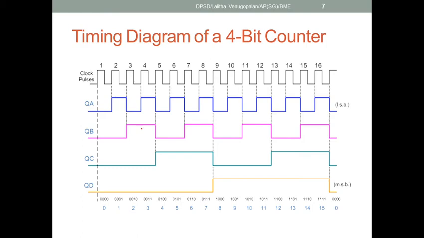Again, after both QA and QB are 1, the QC state changes, and only when all the 3 are 1, QD will change. This timing diagram, however, is the ideal timing diagram indicating no propagation delay.